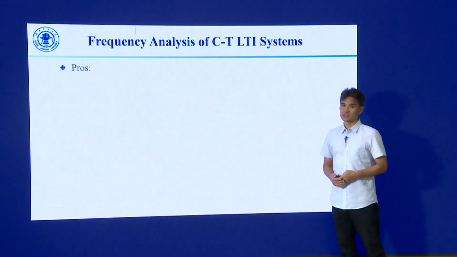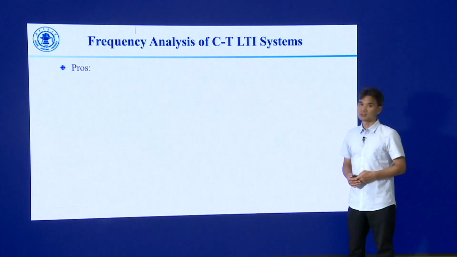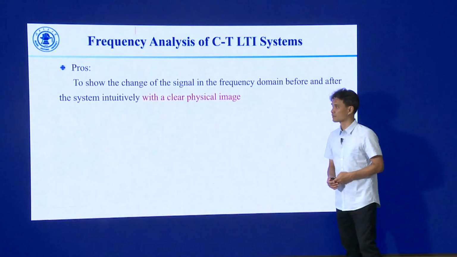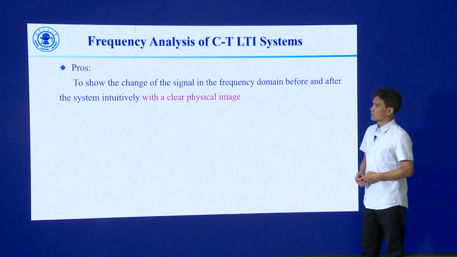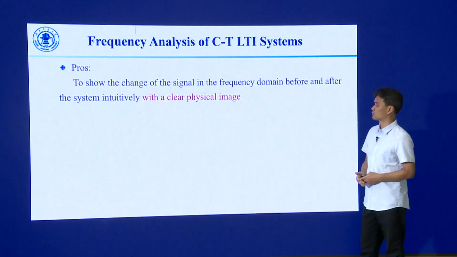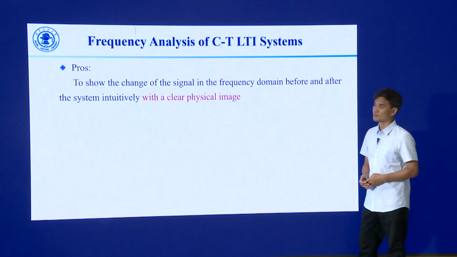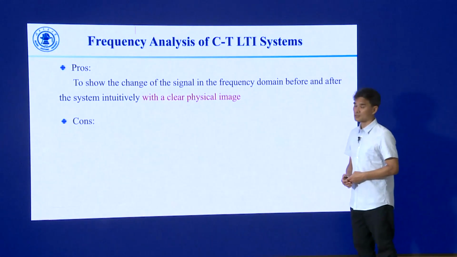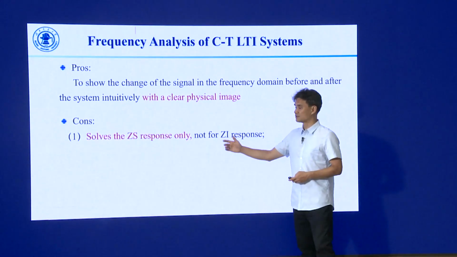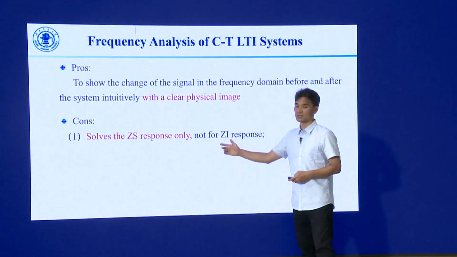There are some pros and cons to the Fourier analysis of the system in the frequency domain. It can show intuitively the change of the input in the frequency domain before and after going through the system. The cons include, first, it can solve the zero-state response only.